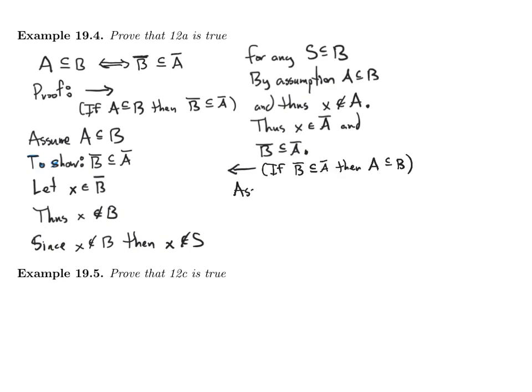So we're going to assume that the complement of B is a subset of the complement of A, and we want to show that if an element is in A, it's also in B. So let's pick an element from A, and we need to show it's in B. So let X be an element of A, and the assumption that we're using is the complement of B is a subset of the complement of A.